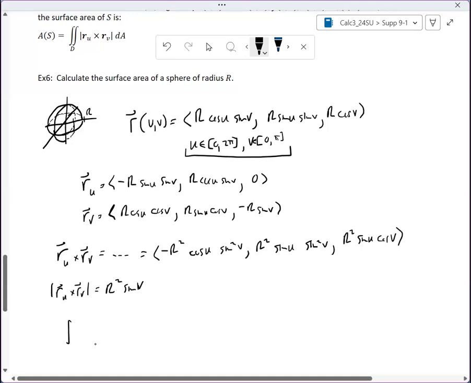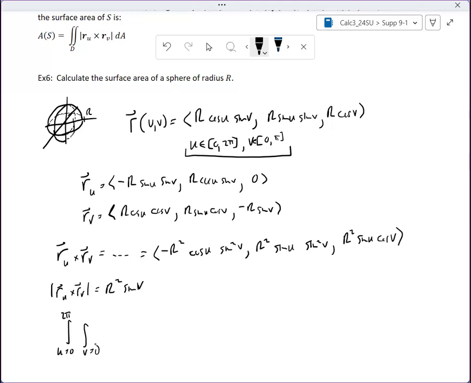So I want to integrate u equals 0 to 2 pi, integral v equals 0 just to pi of R squared sine v dv du.